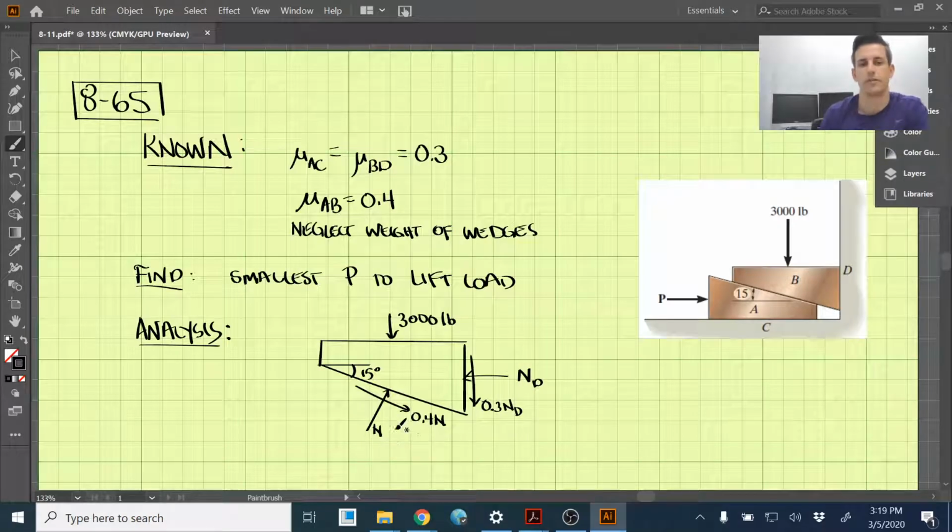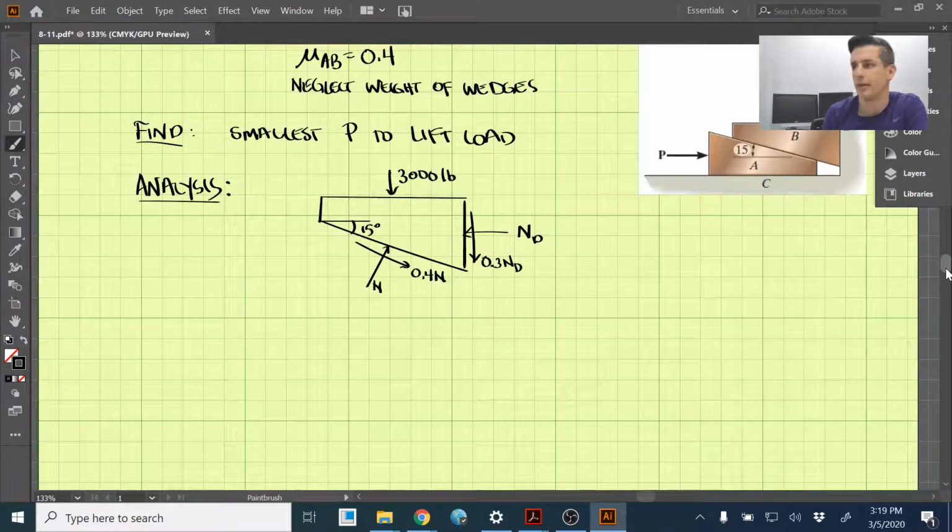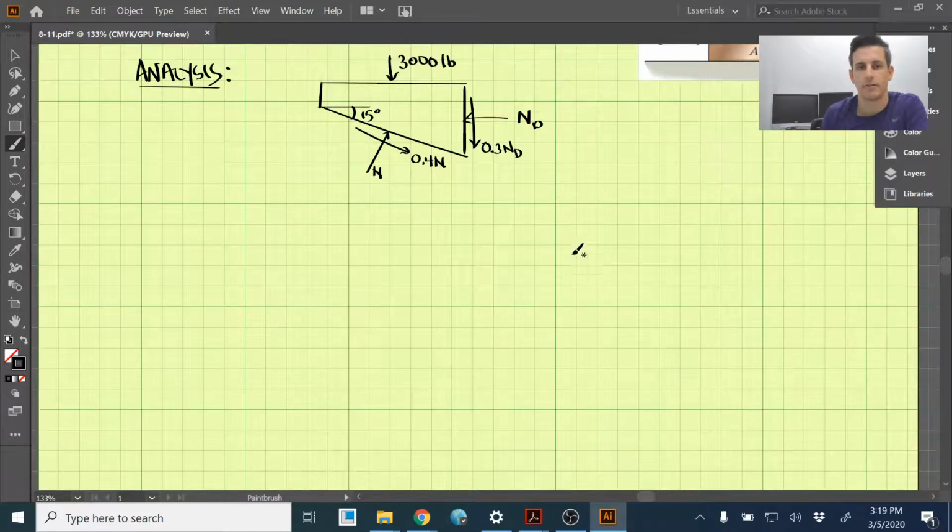There is a difference between those two forces, because we're going to refer to this as N and this is ND. So let's get to our equations here.